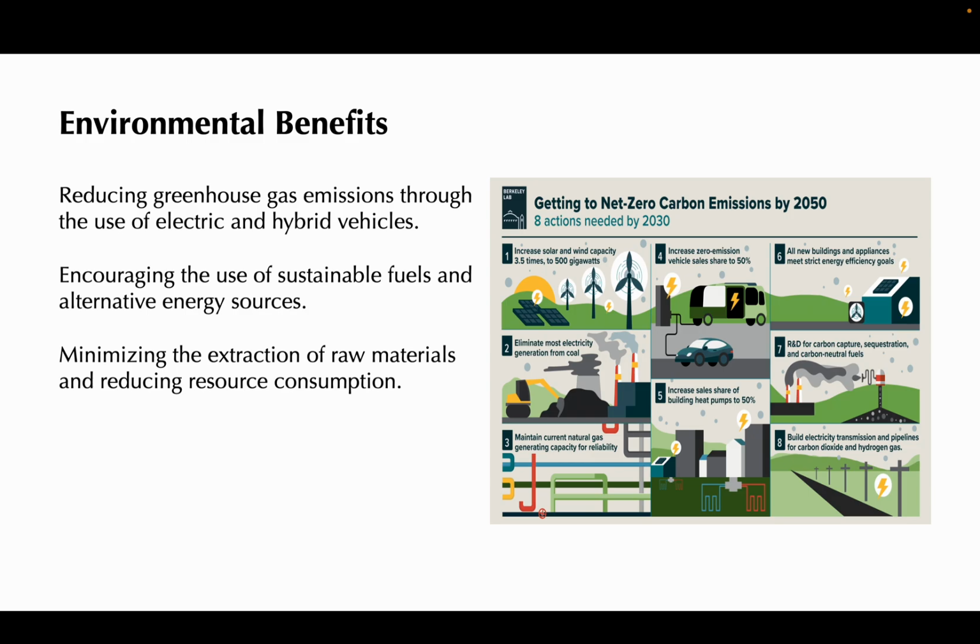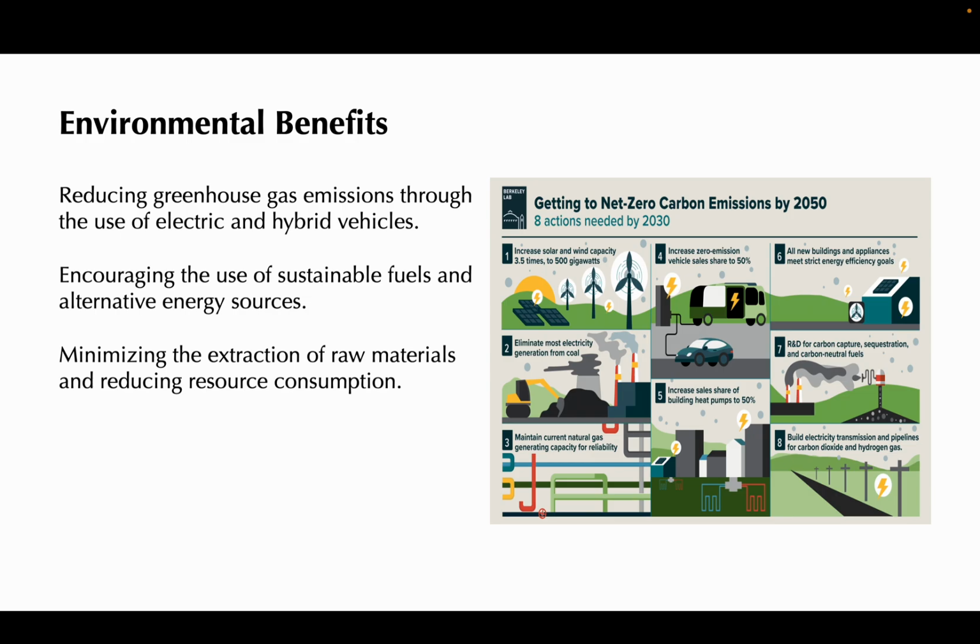A lot of countries, including the US, are planning to go carbon efficient or net carbon zero by 2030, if I remember correctly. But if we needed to get it done by 2050, say, we're going to need to increase solar and wind capacity, because these are renewable forms of energy and do not produce any harmful byproducts. We're going to need to increase solar and wind capacity by 3.5 times to 500 gigawatts.